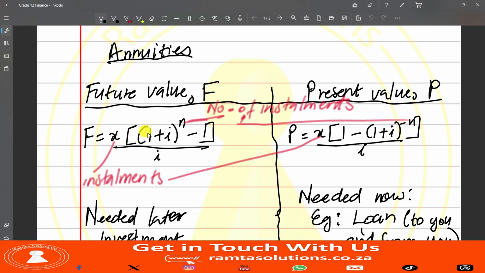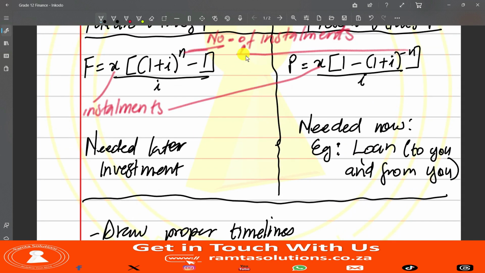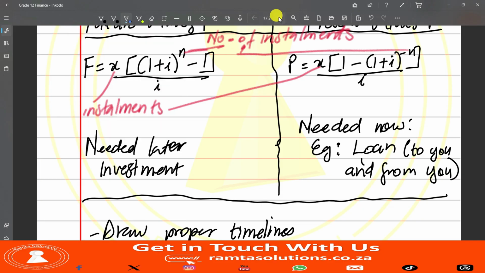So, having said that, with the future value, let's say here we were calculating the future value. We will basically be saying our n is 4, but we might modify our equation. Let me go to the next page.